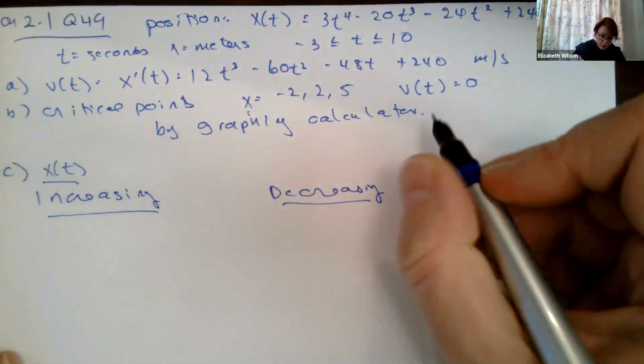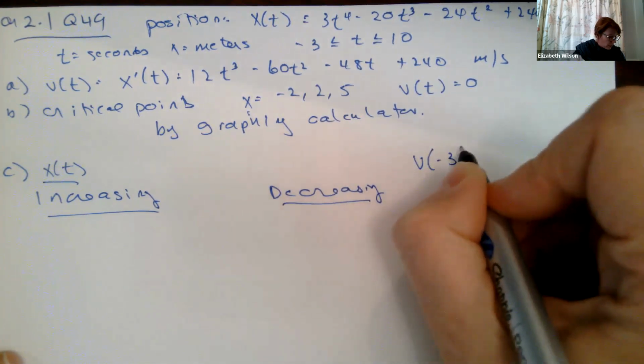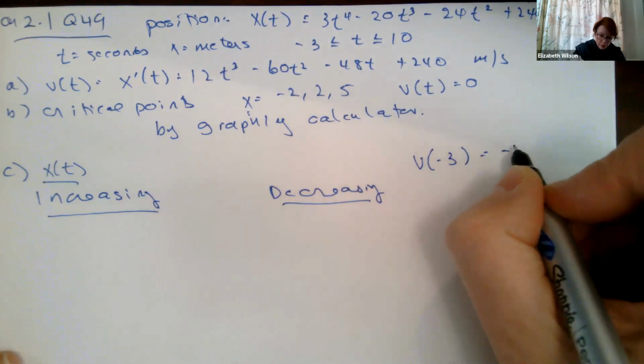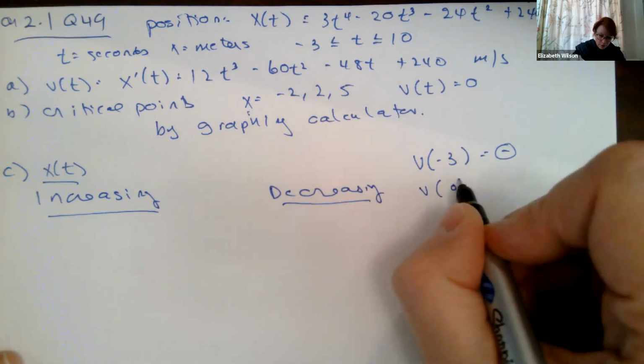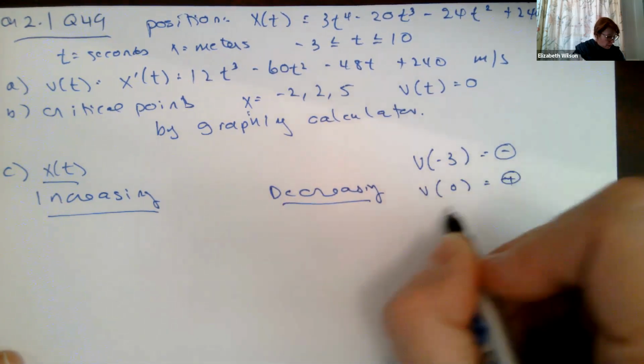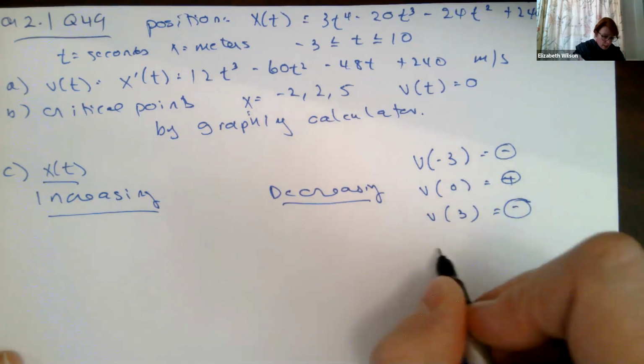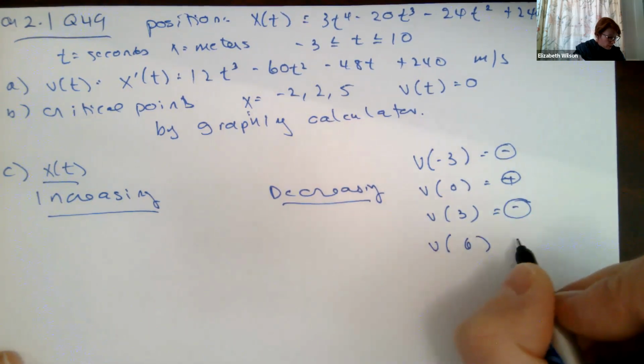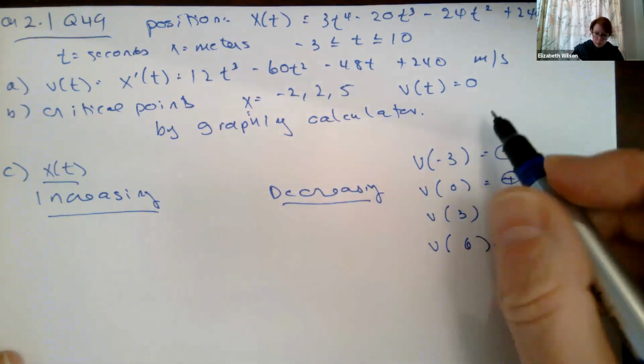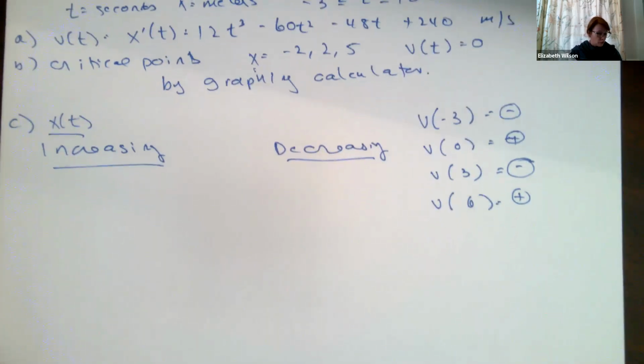Velocity at minus 3 I got was a negative number. Velocity at 0 was a positive number. The velocity at positive 3 was a negative number, and the velocity at 6 was a positive number. So that gives me clues about the intervals over which it's increasing or decreasing.